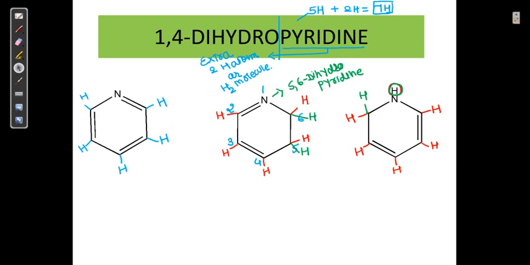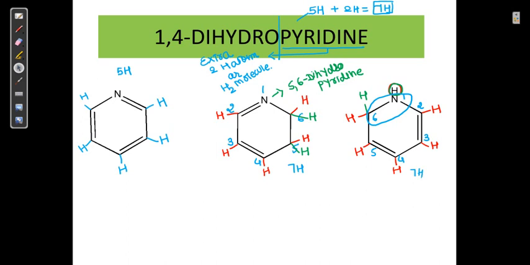So compared to pyridine, it is 1, 2, 3, 4, 5 and 6. So I can say this is a 1,6-dihydropyridine derivative. Pyridine has a total of 5 hydrogens, and this has a total of 7 hydrogens.